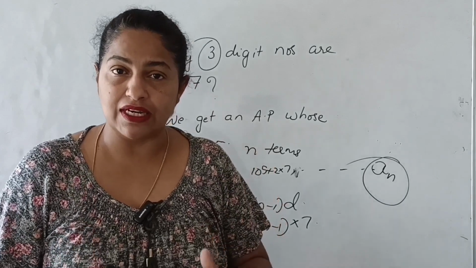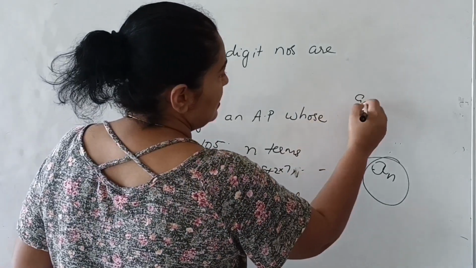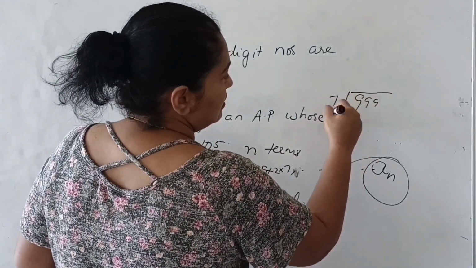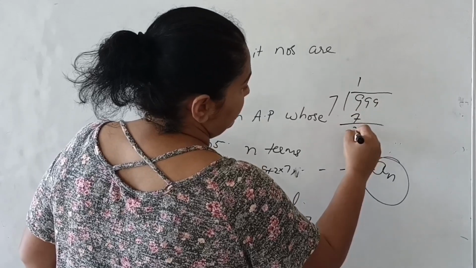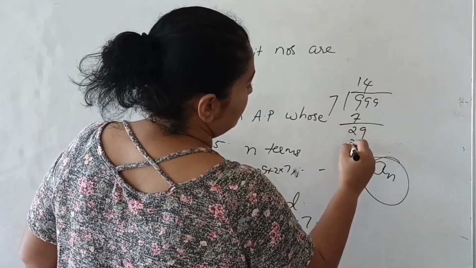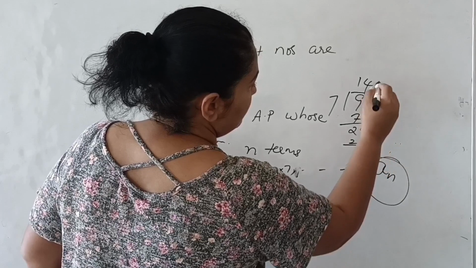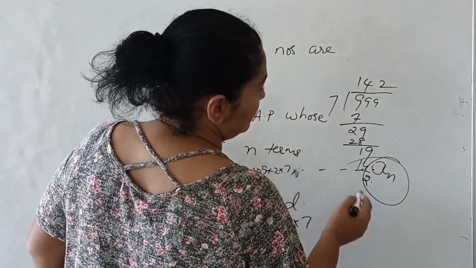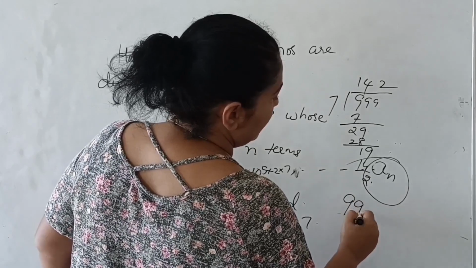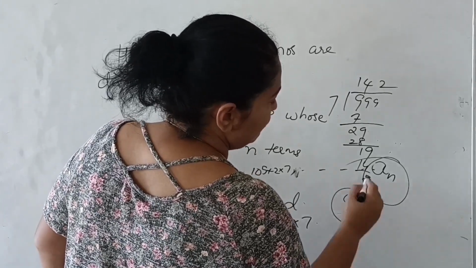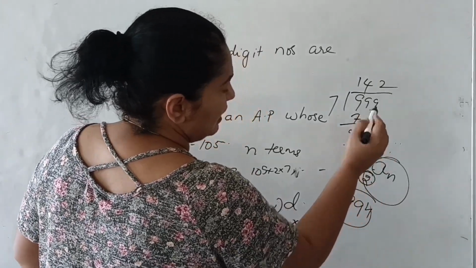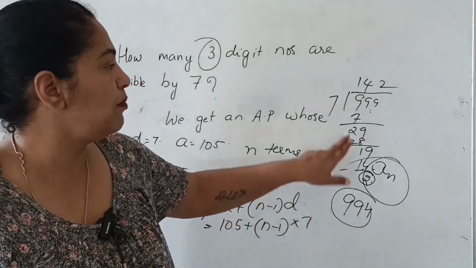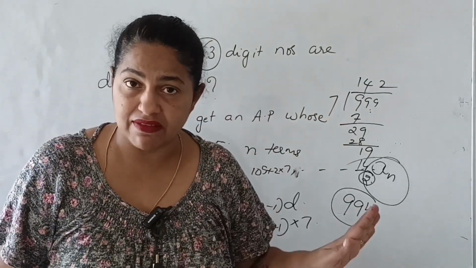What is the largest 3-digit number? It is 999. 994. If you subtract this 5 from 999, we get a number that is completely divisible by 7.